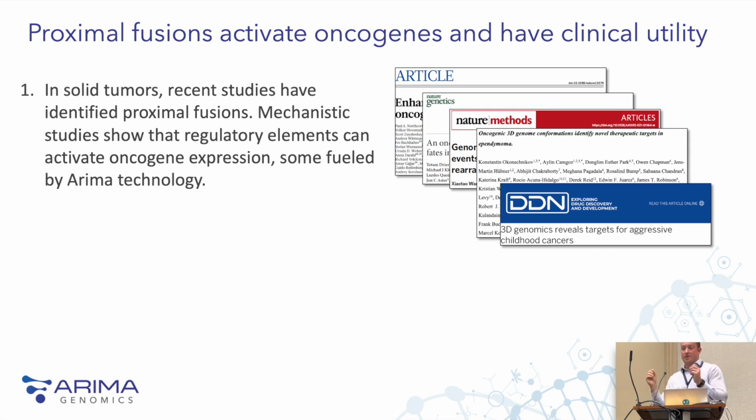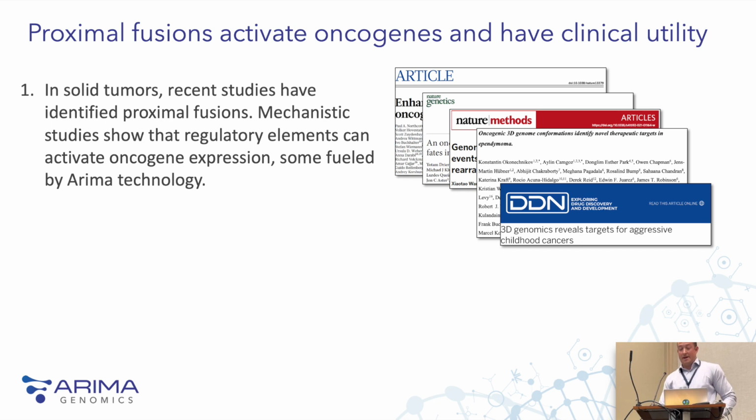It makes sense: if you have a proximal fusion with a breakpoint outside of a cancer-driving gene in a solid tumor, and it happens to juxtapose that to a regulatory element that's active on the partner locus, it could activate that oncogene with a similar mechanism. Right? And that's what's been found.